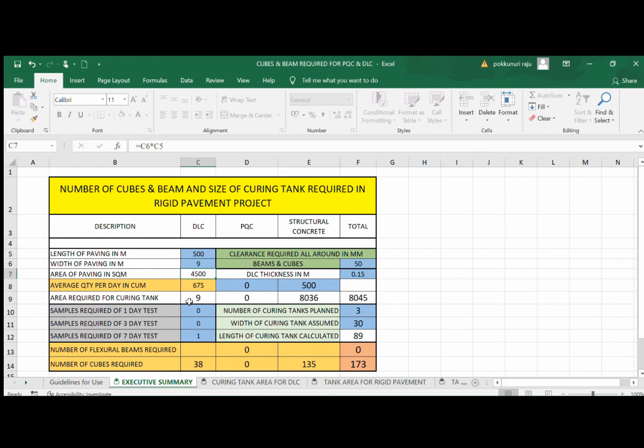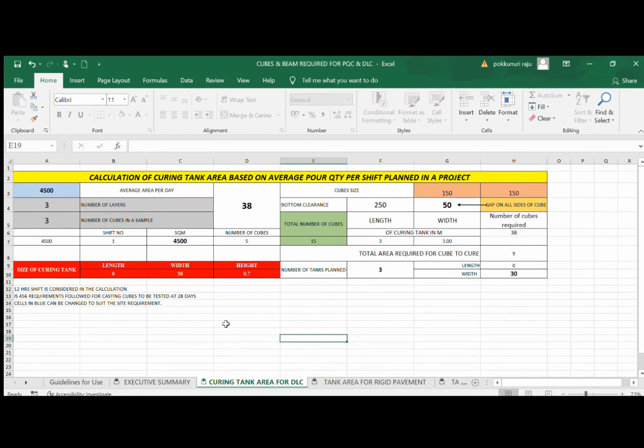That means the area paved is 4,500 square meters. And for each 1,000 square meters, you need one sample. So 4,500 means you need to cast 5 samples. That is exactly what is shown here.